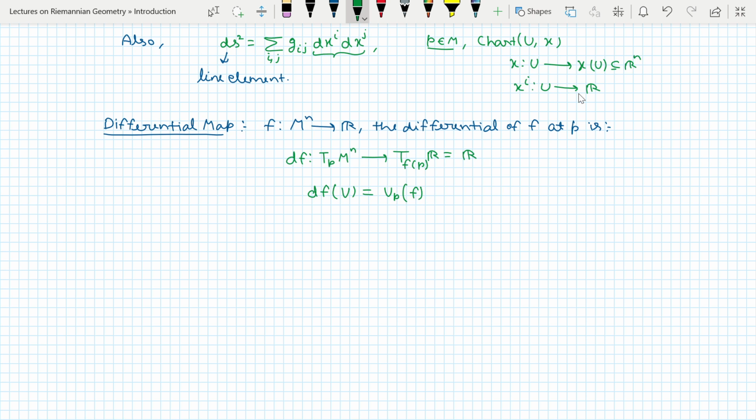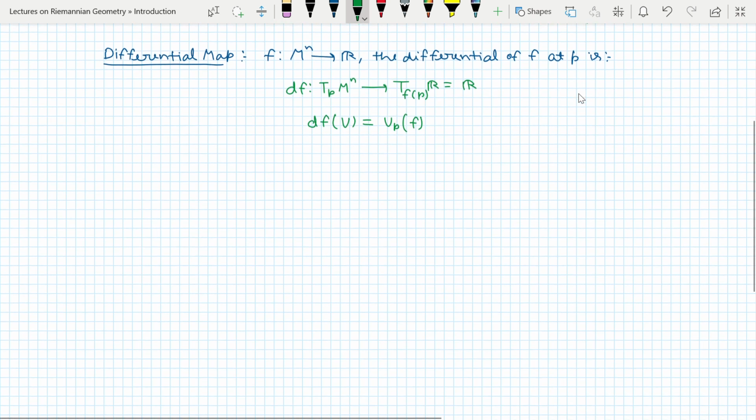Now locally, you can write this vector v, which is coming from the TPM, in terms of the chart-induced basis. So you can write it as the summation over j of vj del over del xj.